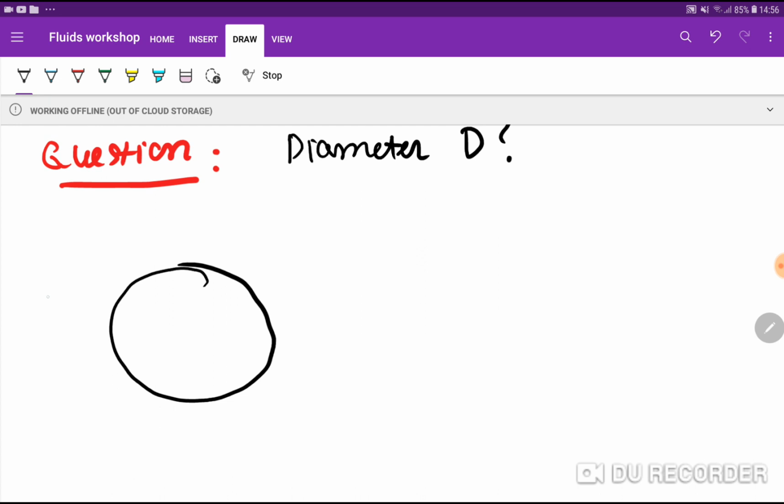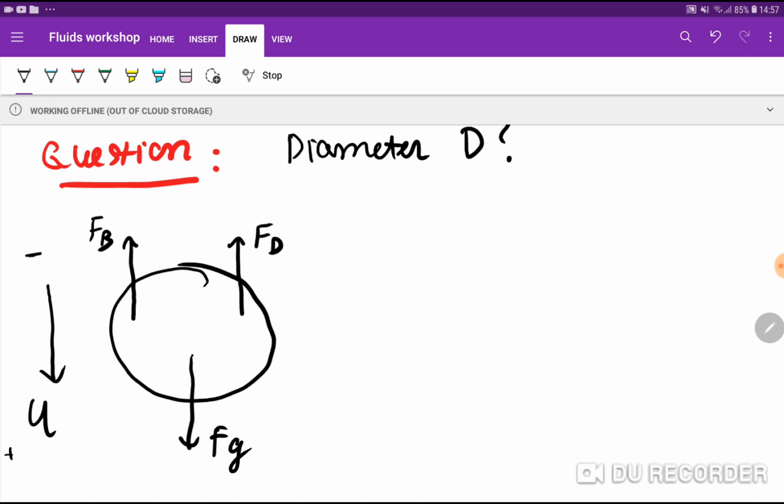It's going down, so the velocity is going to go like this. And remember, this is negative, this is positive, because our axis is based on the direction of the velocity. The spear is falling down, which means the drag force Fd is going up. And then your buoyancy only goes up, and your gravity always goes down.